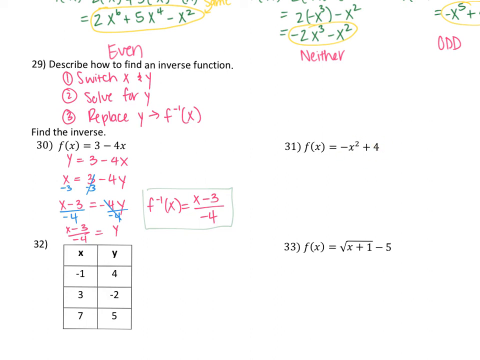This one here, we're going to do the exact same thing. Again, I'm going to go ahead and switch my y's and x's. So this would look like x equals -y squared plus 4. And then I would subtract 4 from this side. So this would look like x minus 4 equals -y squared. I would then divide by -1 to get rid of that negative.